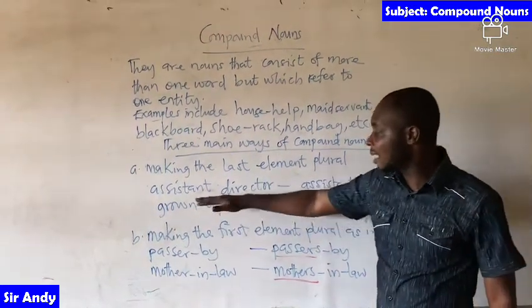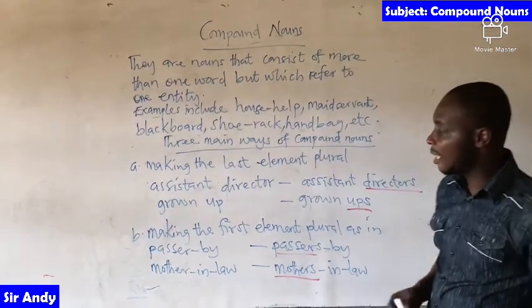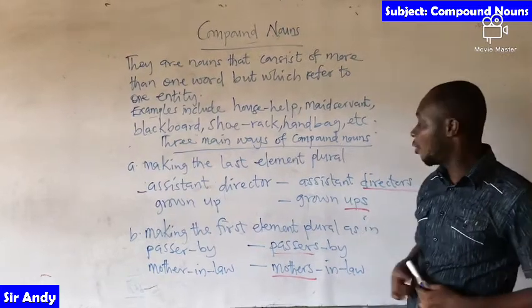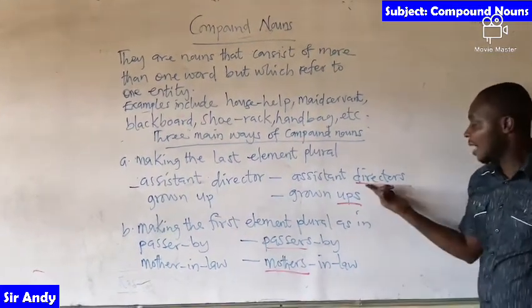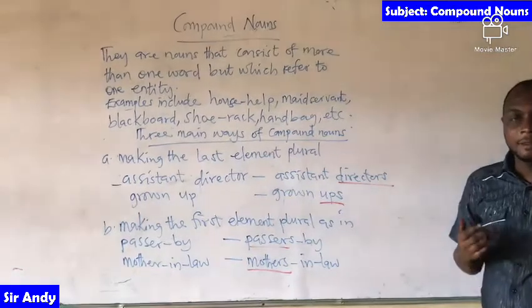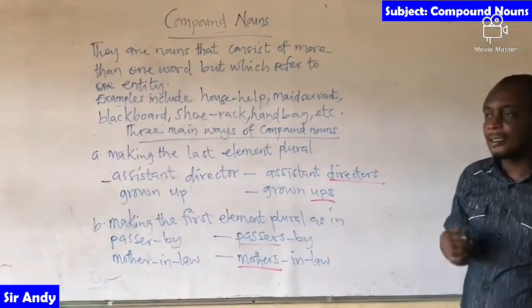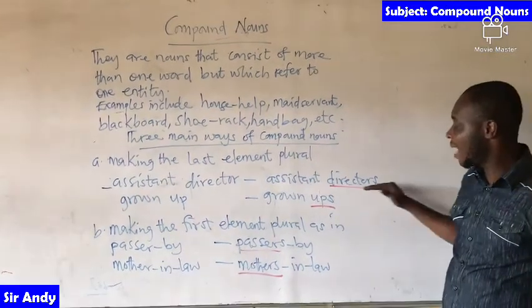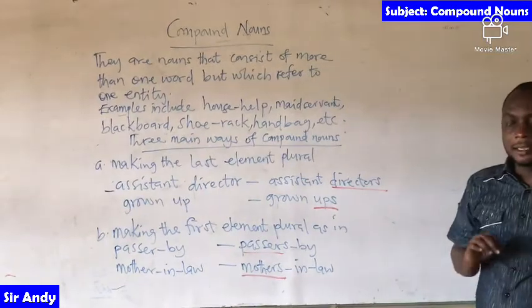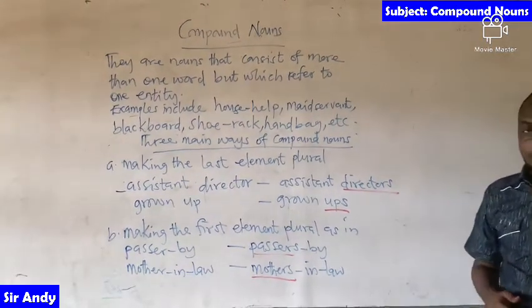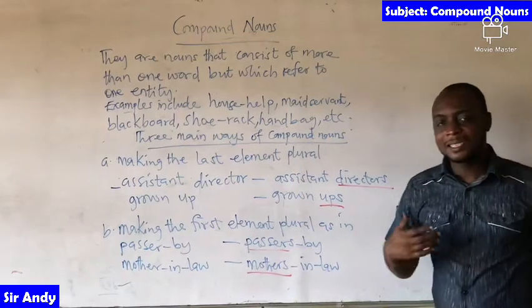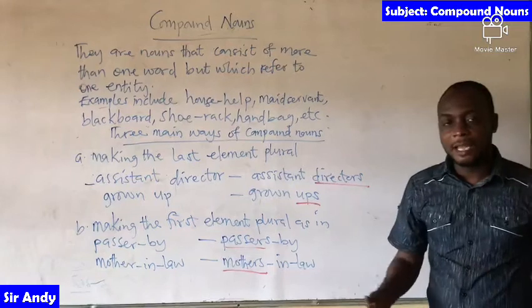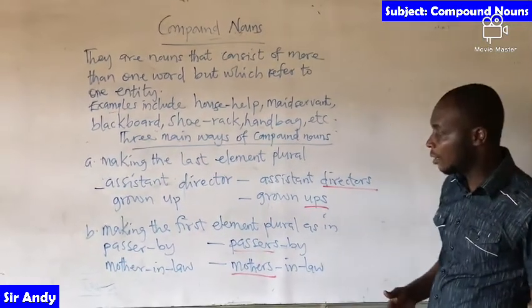So we have assistant director, and the plural form becomes assistant directors, not assistants director or directors. Here we are making the last element plural. A company may have more than one assistant director: 2 assistant directors, 3 assistant directors, and so on and so forth.